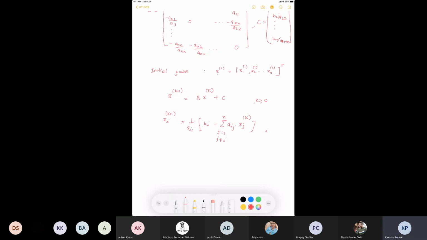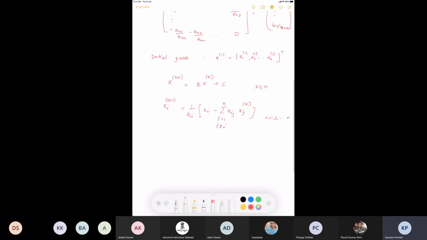And this is for each i. So this is the Gauss-Jacobi method, or simply the Jacobi method.